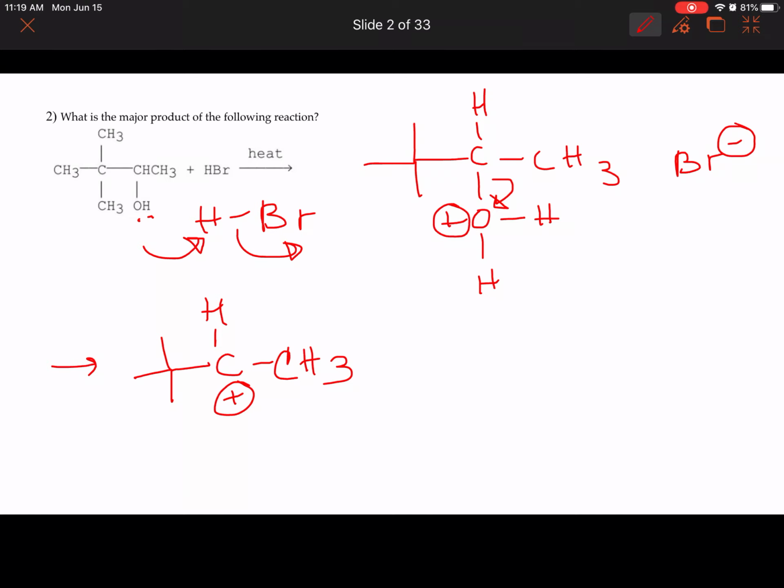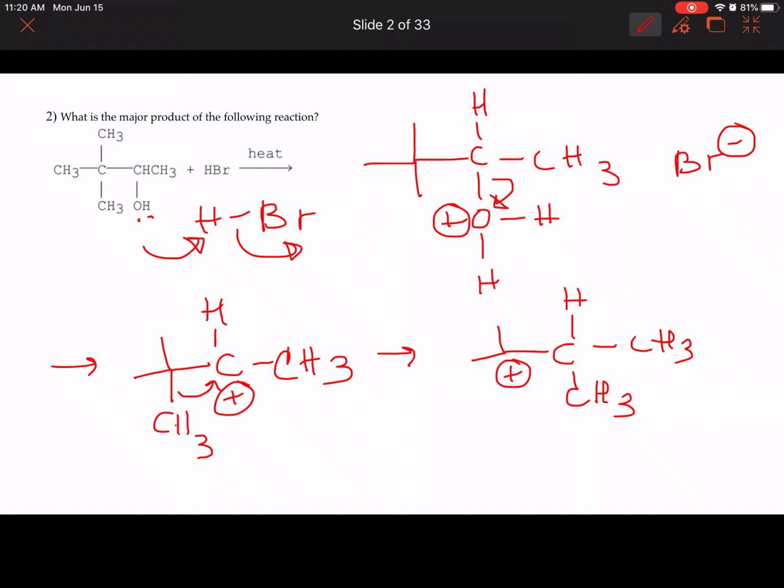Since we don't have any hydrogens on the neighboring carbon, but there are 3 methyl groups, a 1,2-methyl shift can take place, rearranging the carbocation, and now you have this molecule, with CH3, CH3, and the secondary carbocation became a tertiary carbocation.